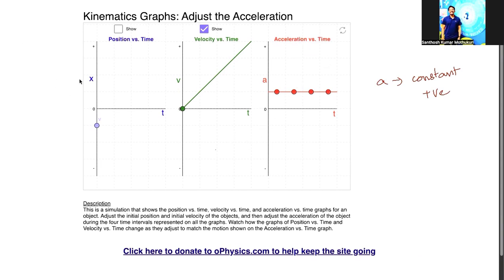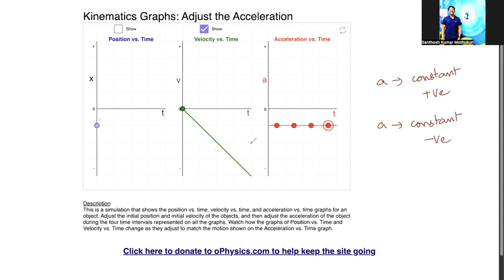Now let me take this down, which is a negative acceleration. See what would happen. Look at this. I'm taking it to the negative acceleration, which means the acceleration is constant and negative. So in the velocity time graph, the negative gradient will give you a negative value of acceleration.